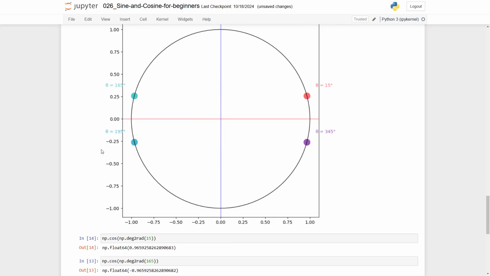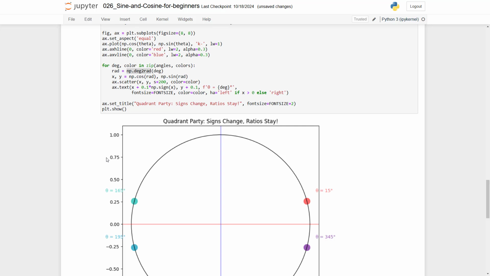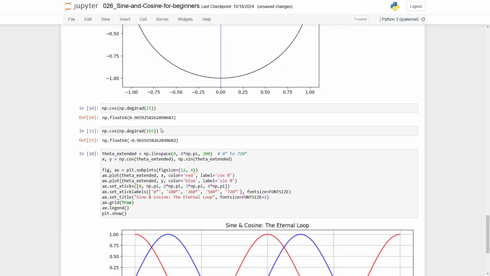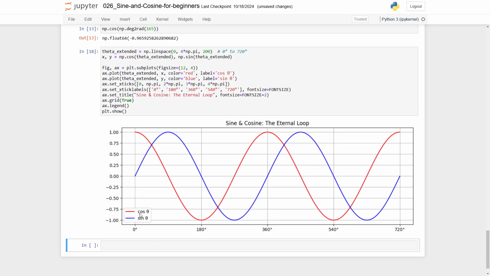But let's add some kind of a label, just with a legend, like here. And we have the periodicity. So what is really important is to know that every 360 degrees the sine and the cosine are repeating themselves.